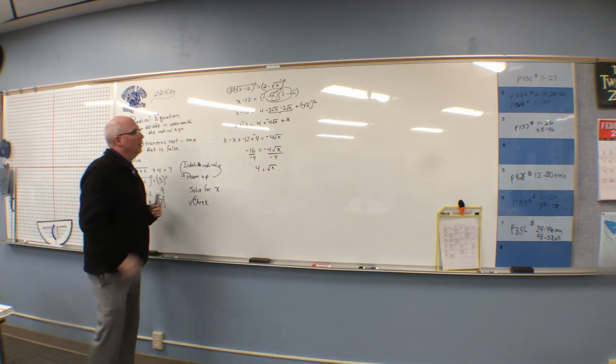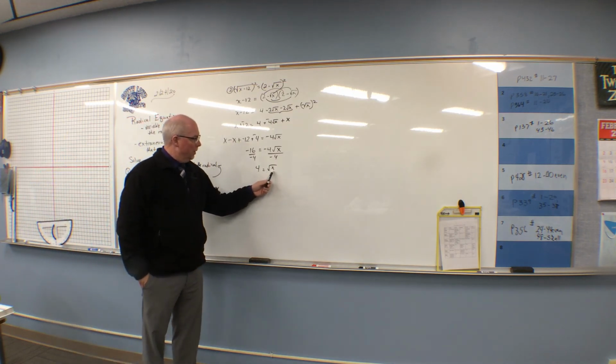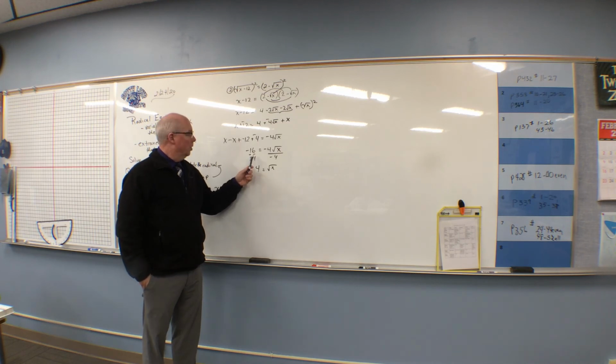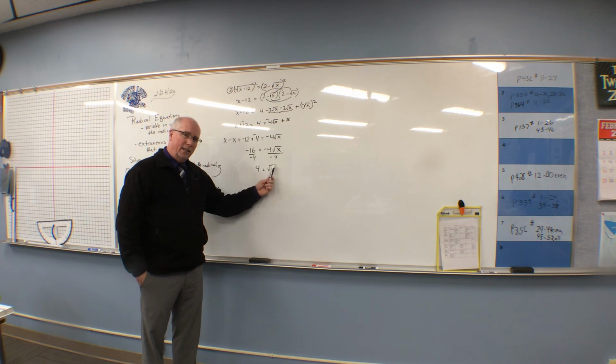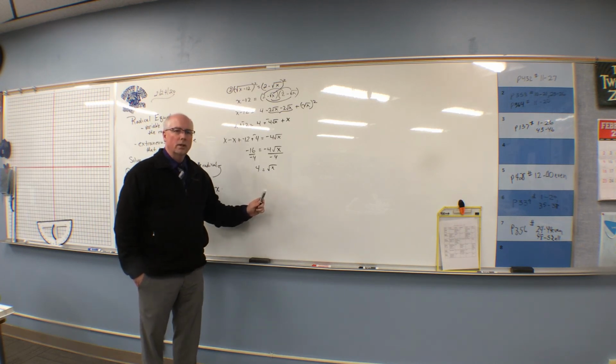Now, I want to go back to this. Can you have a square root of a value equal a negative number? No. So this was a good thing that it became positive. Now we can get an answer. Folks, listen very carefully. If you ever isolate a radical, and it equals a negative, it's no solution.